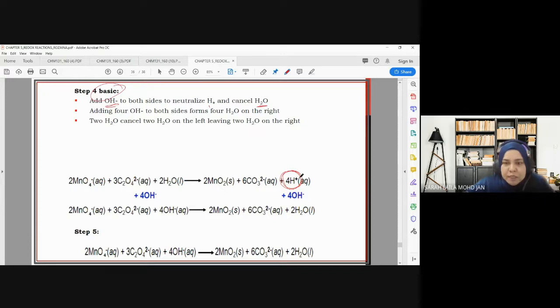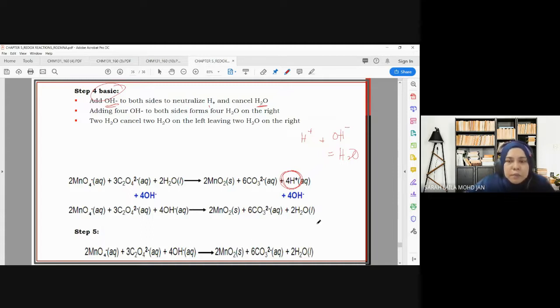Okay, sebab H plus tambah OH, dia jadi apa? H2O. Yes, H2O. So nak tahu berapa bilangan OH you need to add on, you look at the H plus number. Okay, so 4 OH lah dia tambah, mesti sama kiri dan kanan. You cannot here is 4, here is other. No, mesti the same exact OH ion. Okay, sini 4, sini 4.